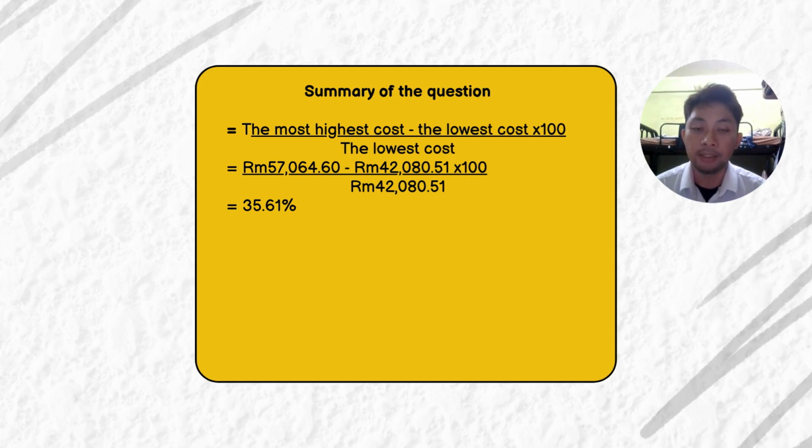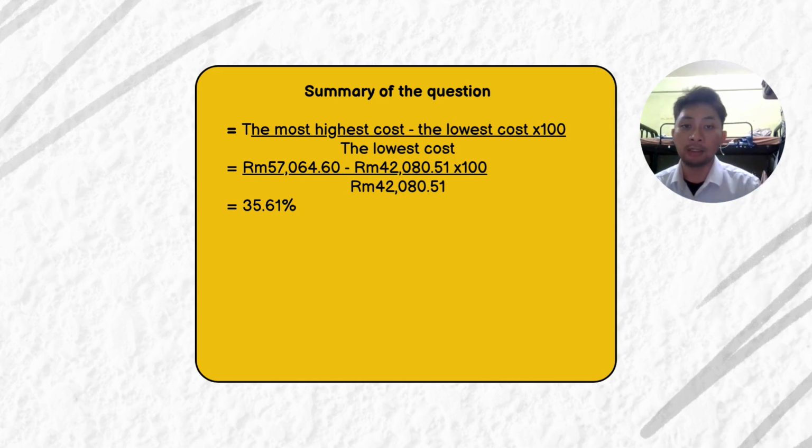So after we finish calculating for both options, we need to find the difference for these two options. The formula is the highest cost minus the lowest cost, divided by the lowest cost, and then times it with 100. So option B is the highest, so the amount is 57,064 and 60 cents.